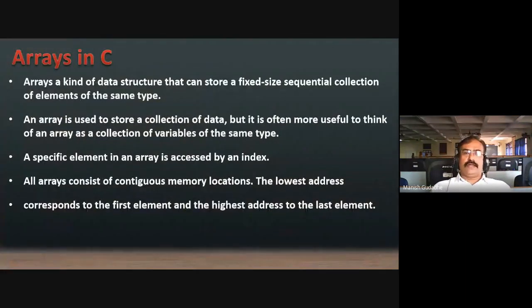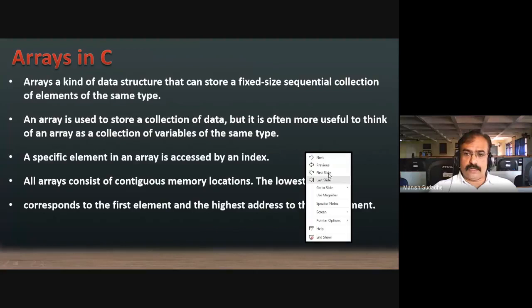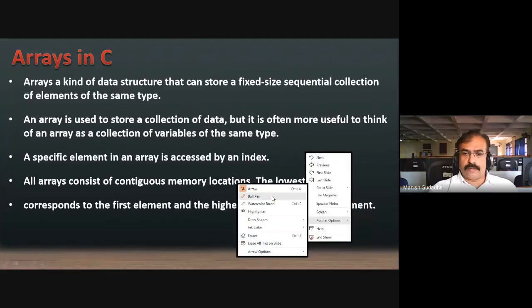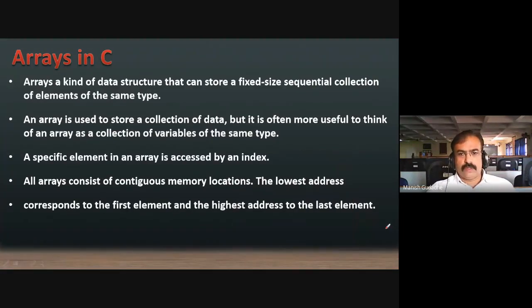Array is a kind of data structure that can store a fixed size sequential collection of elements of the same type. Every word in this really matters. If I am talking about a data structure, yes, it is a data structure, meaning a particular organization of elements.